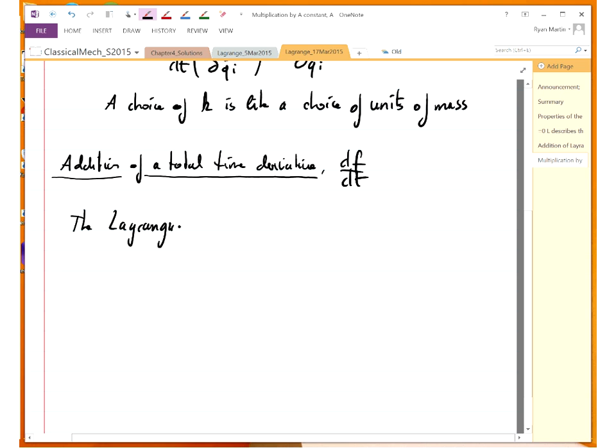The Lagrangian is invariant to the addition of a total time derivative.